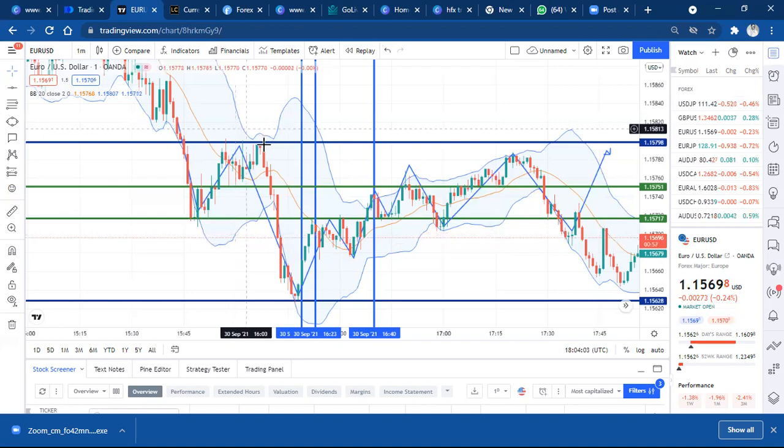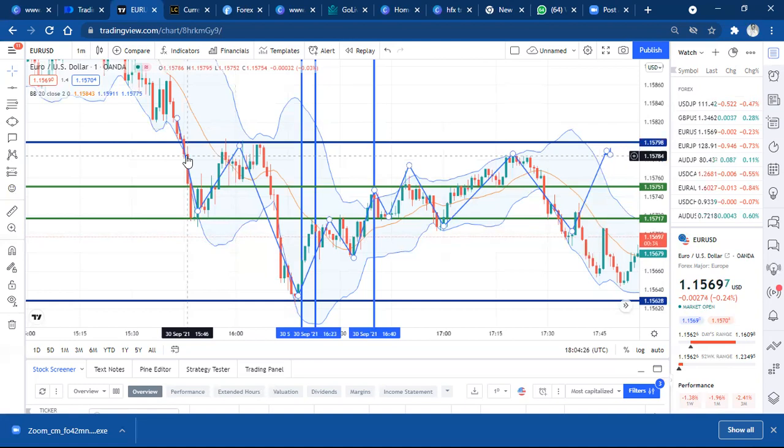Now, think about these Bollinger Bands and your support and resistance line as not walls or floor, but as the belly of a fat man. If you put a punch in the belly of a fat man or in a balloon, it will first of all go in and then it will come out.